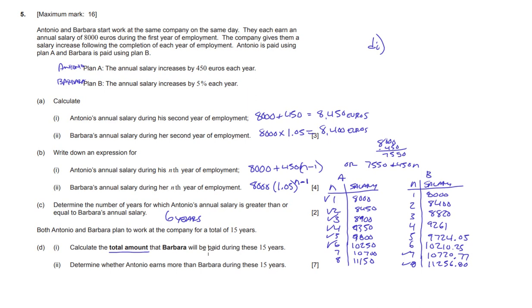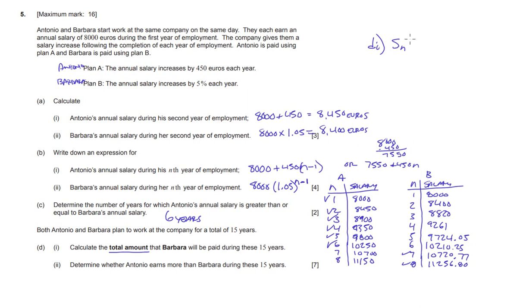So this is going to be the sum formula. Okay, let's see, for her it's the geometric term, right? Because you're multiplying by the same number over and over and over again, right? So that geometric sum is on your formula sheet.